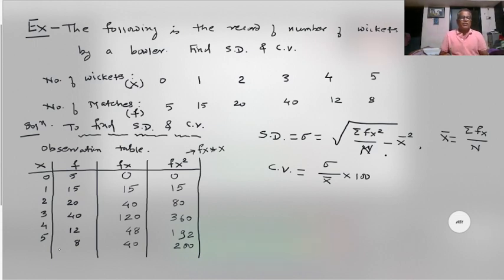Here we require the sum of the frequency, that is capital N, sum of the fx and sum of fx square.